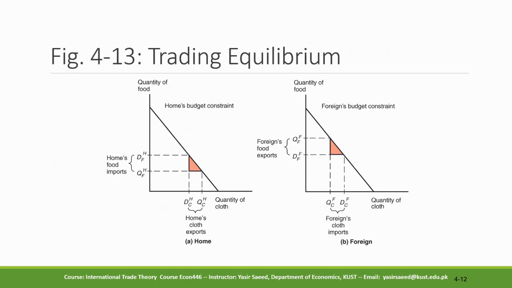On the same budget constraint, if you look, we were producing at point 1. But if you want to consume more of food, we will sacrifice or export a certain quantity of cloth in order to consume a certain quantity of food.